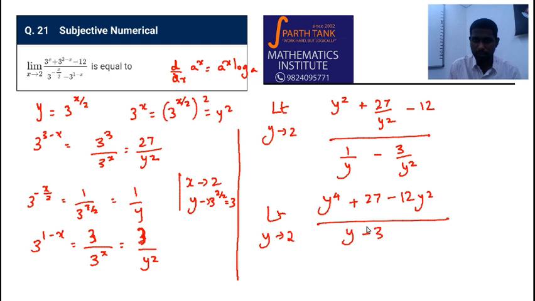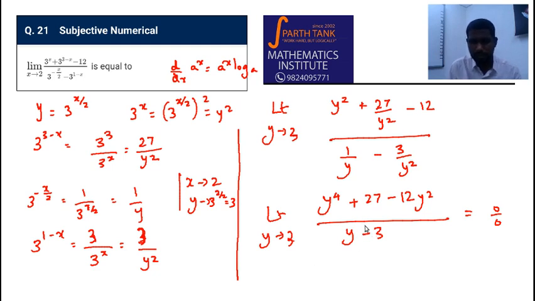Now if I substitute y, what would I get? Sorry, y tends to 3, I said. In which case we can see that this is basically a 0 by 0 form. If you substitute 3 here, and you can check for yourself, it is 0 by 0.